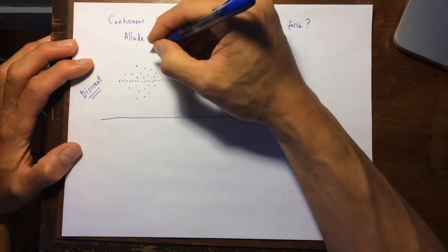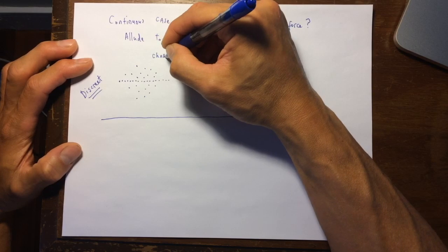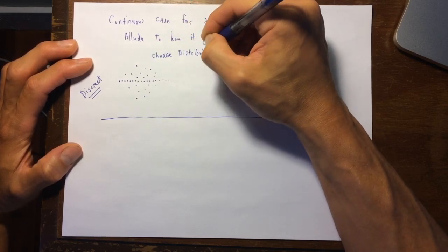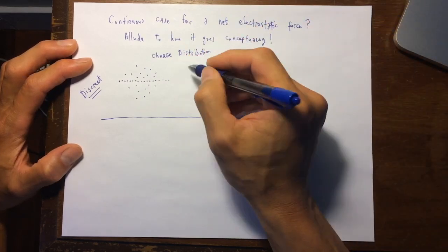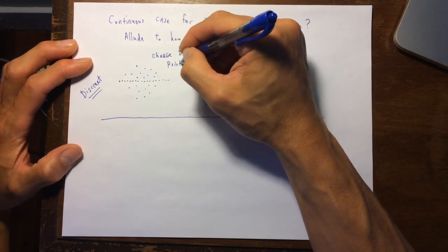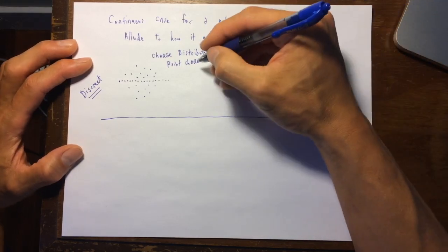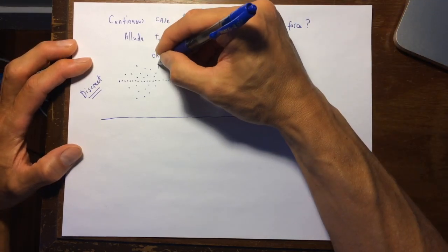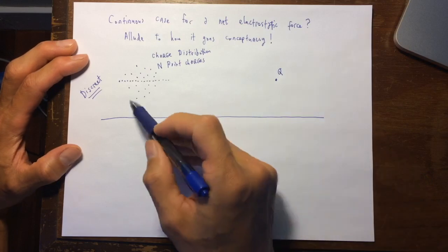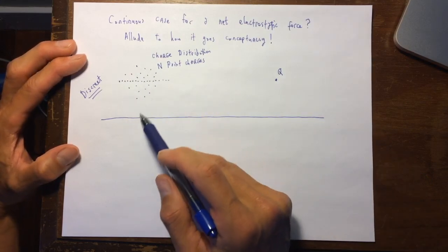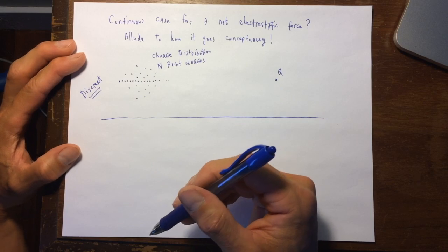So here is a charge distribution. And these are all point charges. And we might say that there are capital N of them. It sort of looks like I sprayed out maybe 30 individual point charges.